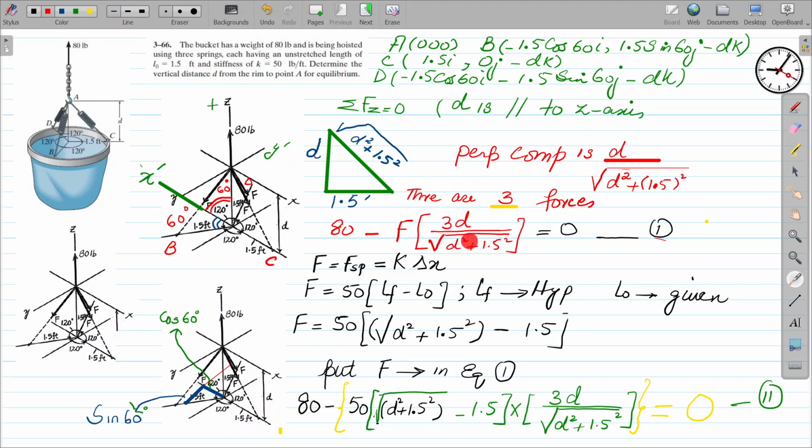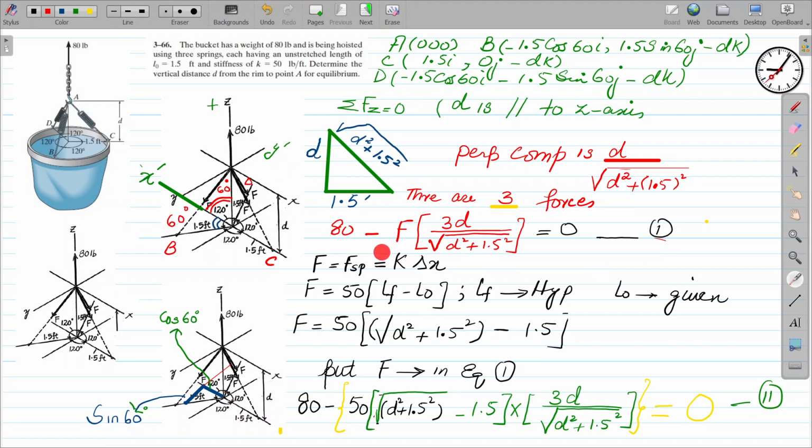Why do we add this 3? Because there is one force here, one here, and one here. So these three forces will have three components along the z. So we have 3d over the square root of d square plus 1.5 square. This is the main equation formed for the whole problem.